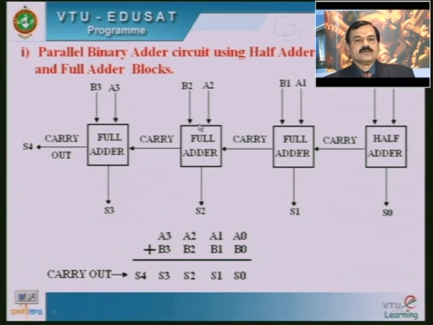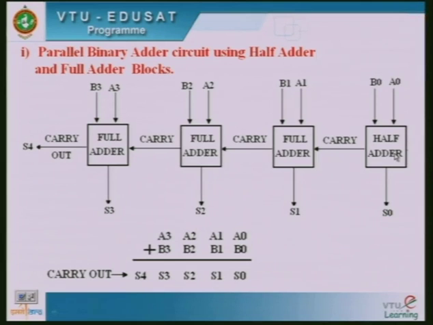Here 3 full adder blocks are taken, and at the extreme right we are using only 1 half adder, because while adding A0 and B0, the least significant bits, there is no carry coming from anywhere. So the half adder is sufficient at this level.